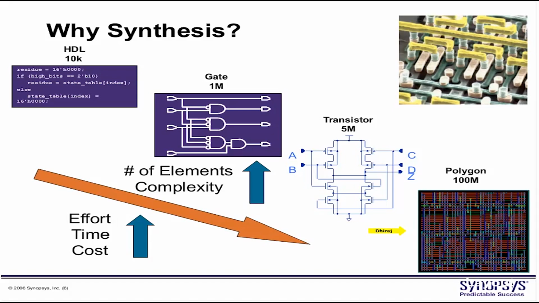So as we go down the hierarchy, the number of elements increases exponentially and the complexity also increases. Dealing with a very complex design, for example working on a gate level netlist, will take more effort, time, and cost when compared to working on an HDL.